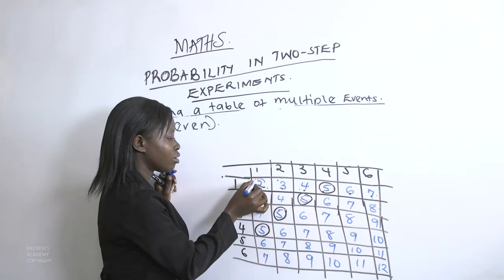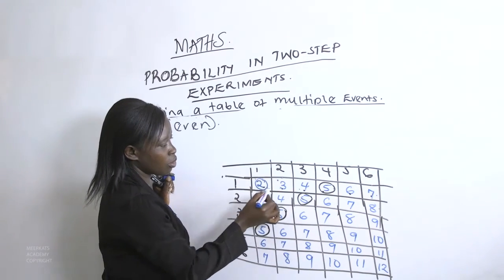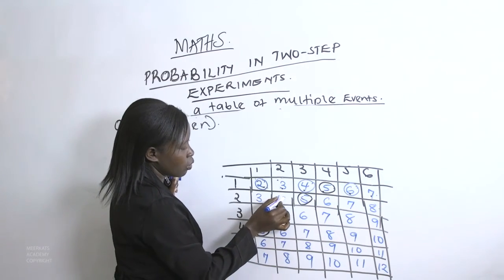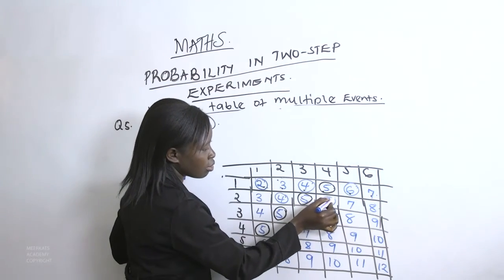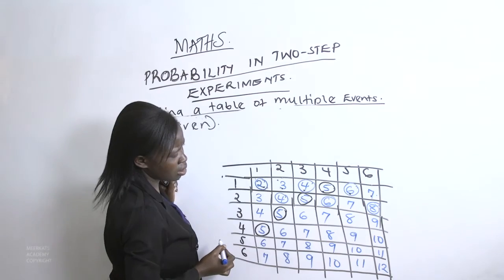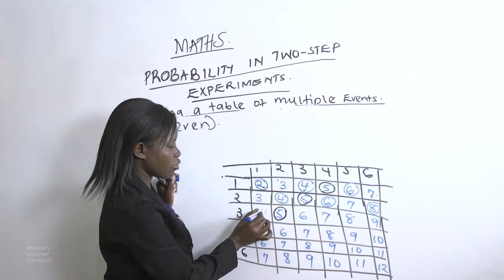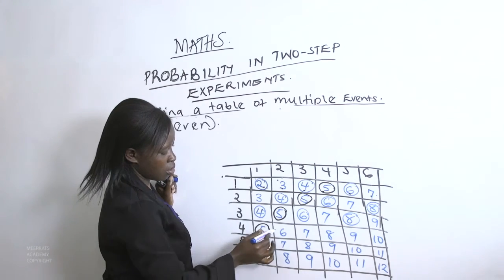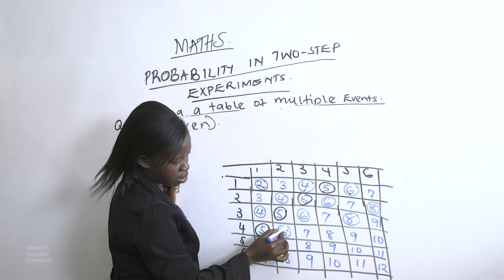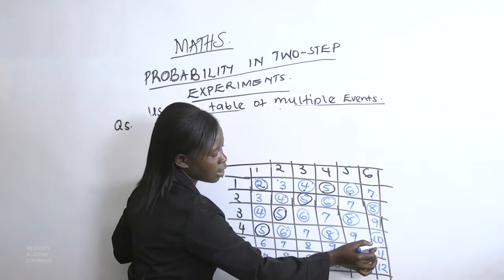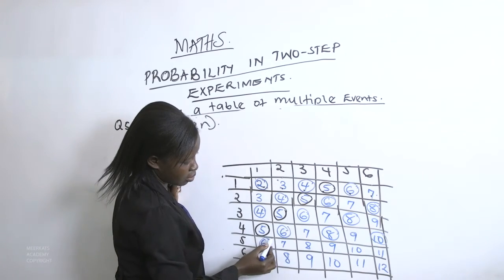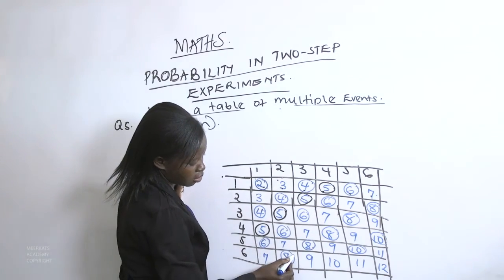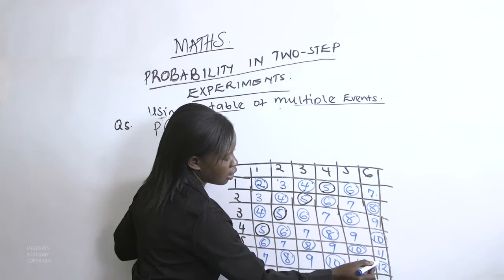So we start with 2, we have 4, 6, we have another 4, 6 and 8. Then we have 4, 6, 8. We have 6, 8 and 10. Then we have 8, 10 and 12.